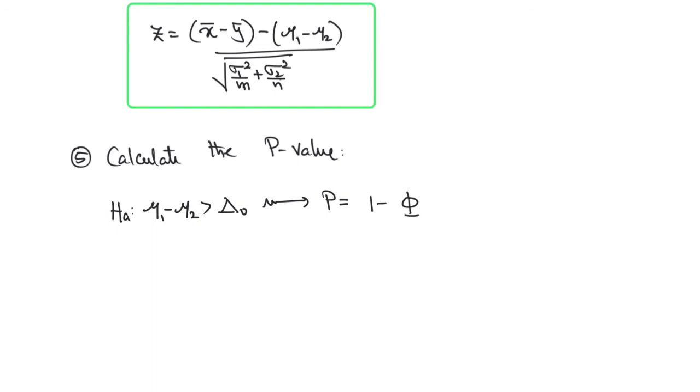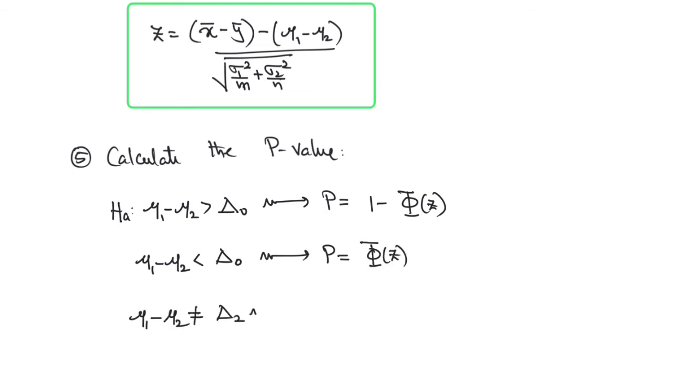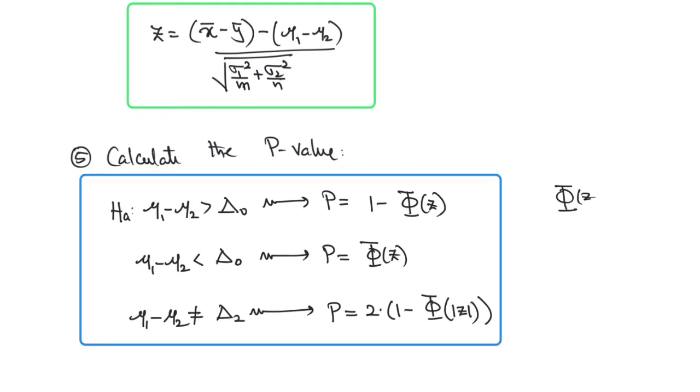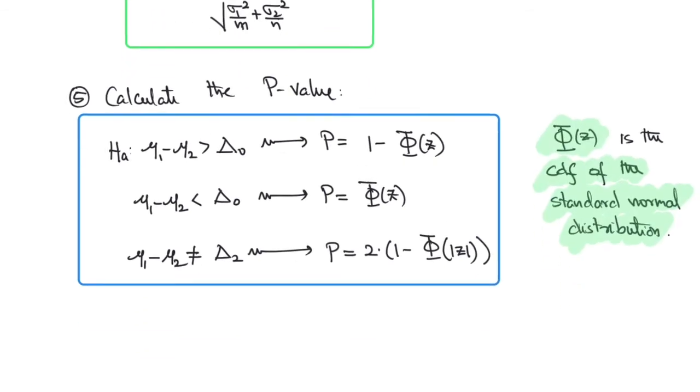So if we are in the upper tail test, the p-value is going to be 1 minus phi of z. If we are in the lower tail test, the p-value is going to be phi of z. And if we are in the two tail test, the p-value is going to be 2 times 1 minus phi of absolute value of z. Phi z is the cumulative distribution function for the standard normal distribution.